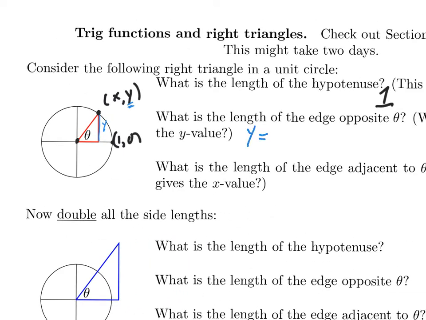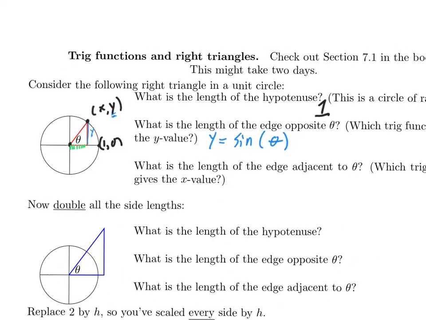But what is that y-coordinate? It's a trig function. It's the sine of theta. Similarly, the base of that right triangle, the length of the side adjacent to theta, is exactly the x-coordinate, which is cosine of theta.